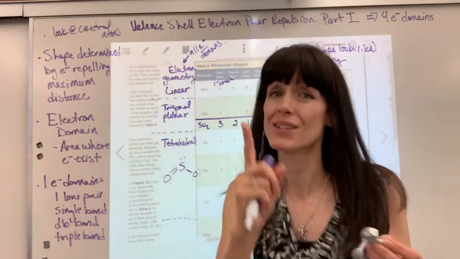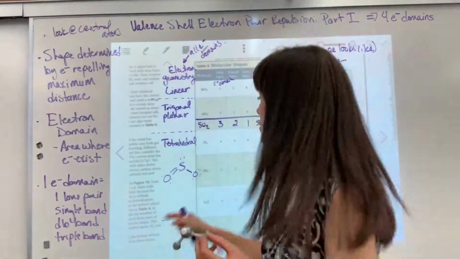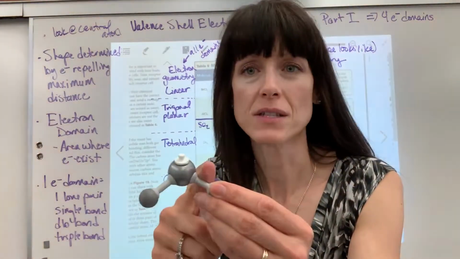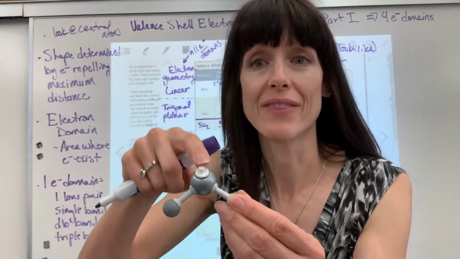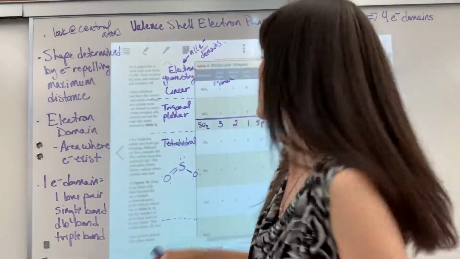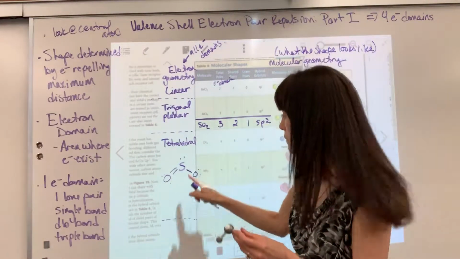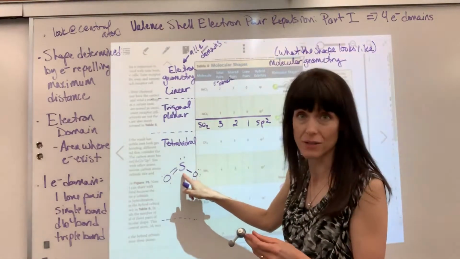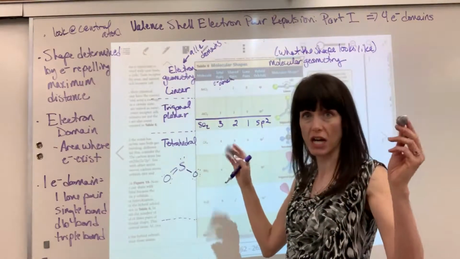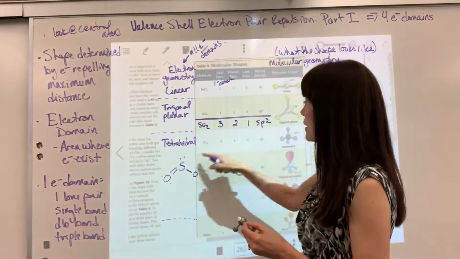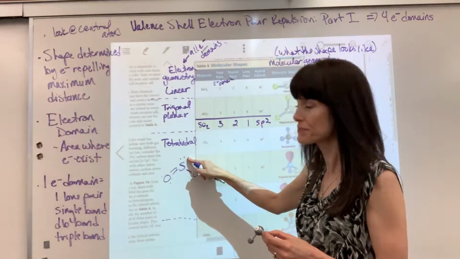Remember that a double bond still counts as 1 electron domain. So I've got 3 electron domains. There's a double bond, there's a single bond, and there's the lone pair. So when I write this down, yeah, 3 electron domains, 2 are bonded electron domains, even though 1 is single, 1 is double, great. And 1 is the lone pair.